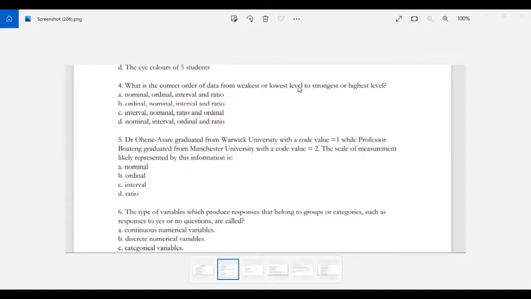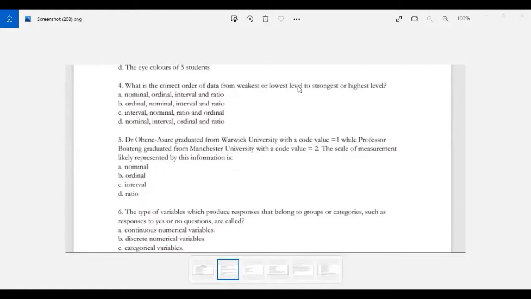You see, sometimes when you are filling a questionnaire, they will code male as 0, female as 1. That does not make that particular thing quantitative data. The 0 is representing female, so it's still qualitative. So this one is not numerical.